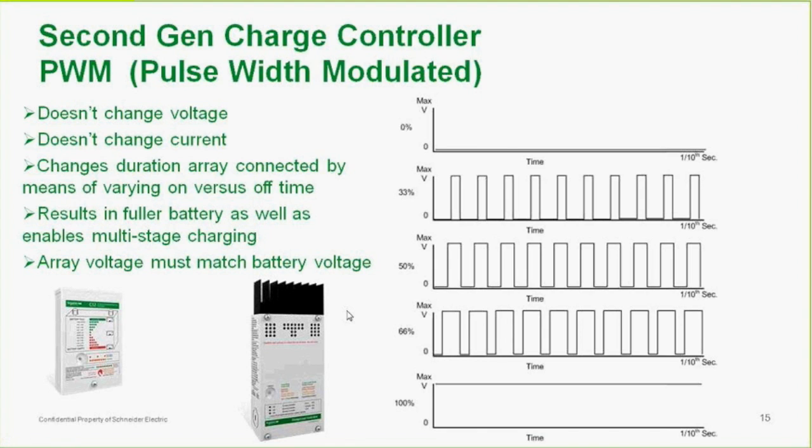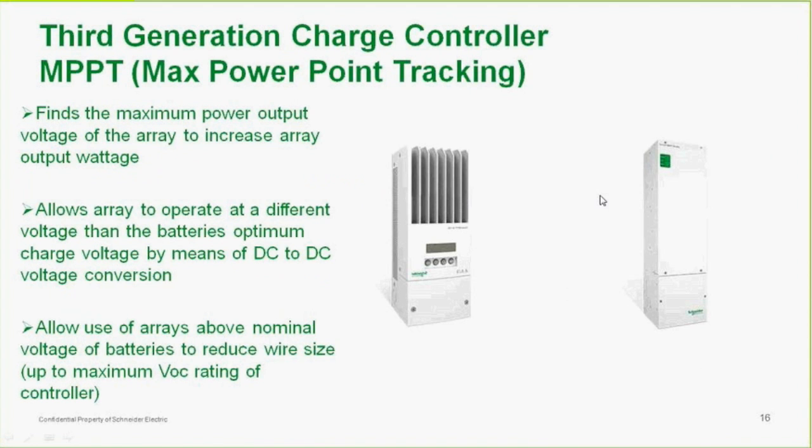So, pretty good device still. But the next phase in charge controller evolution is something we call MPPT, Max Power Point Tracking. And originally there's a lot of advantages to it. What it does is it finds the maximum power output of the voltage of the array to increase array output wattage.